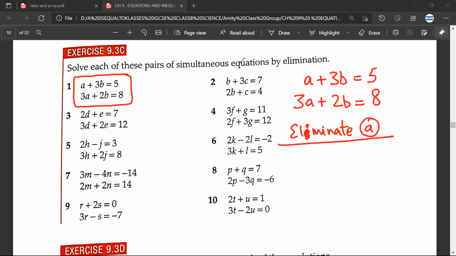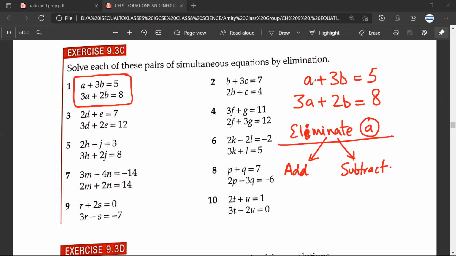Now, if I want to eliminate a, I have two ways in which I can eliminate a. One is I can add the two equations. Other is I can subtract the two equations. Now let us have a look at both the cases.